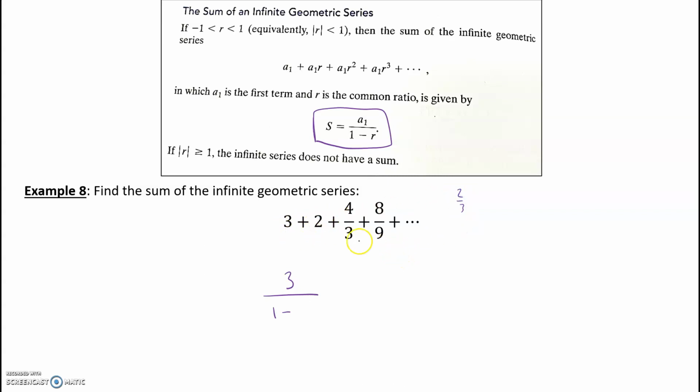That's my rate. 2 times 2/3 is 4/3, times 2/3 is 8/9. So your rate is actually 2/3, and you type this into a calculator, and you wind up getting 9. You could also do the keep, change, flip. 3 divided by 1/3 minus 2/3, so that's 1/3. Keep, change, flip, and you'll still get 9.